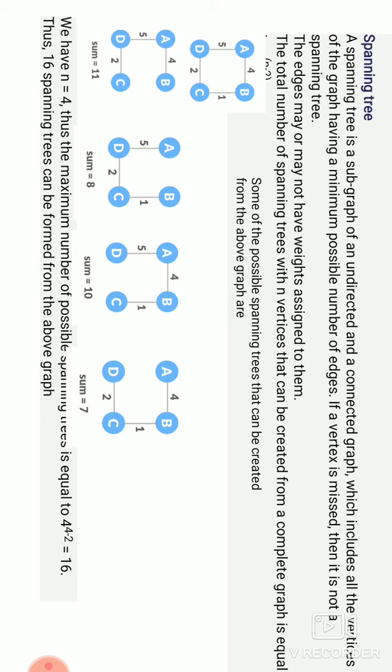The sum of all the edges, 4 plus 1 plus 2, is equal to 7. So among all the possible spanning subgraphs, the one with minimum weight was A to B, B to C, C to D. So this is a minimum spanning tree or minimum spanning subgraph from a graph.